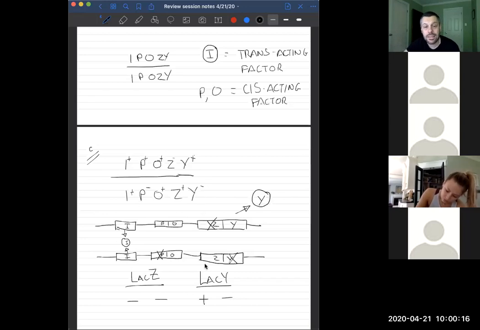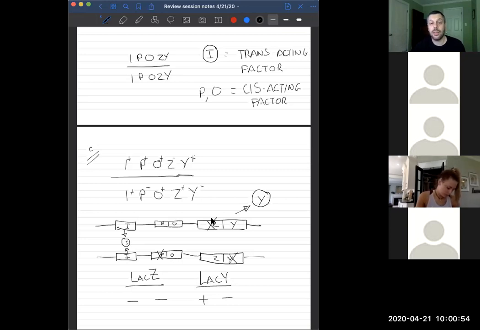And so I think this kind of scheme that you can draw is really useful for figuring this out, right? Because really what you're trying to do in these problems is figure out what is made and when, because whether the cell as a whole is going to be able to metabolize lactose essentially depends on whether or not you're making these genes in the presence of lactose.